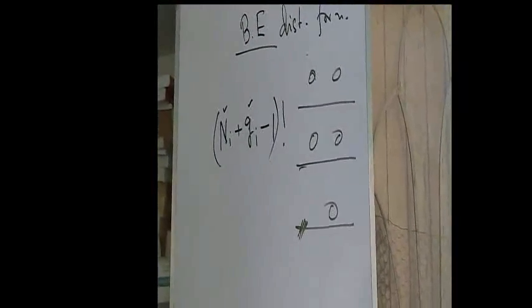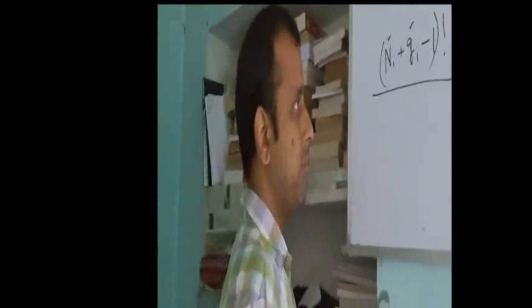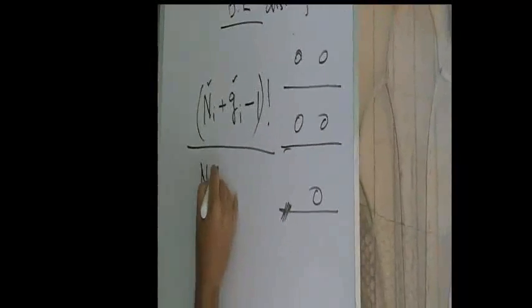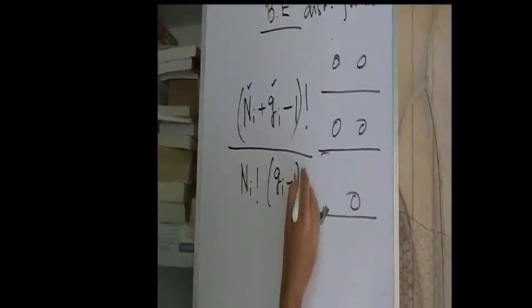That is the number of distributions. As the particles are indistinguishable, distribution among the particles is meaningless, so we divide by ni factorial, and the states are all equivalent.